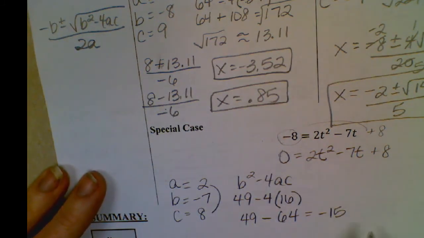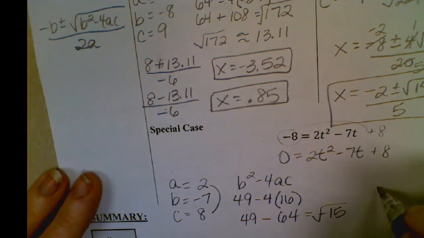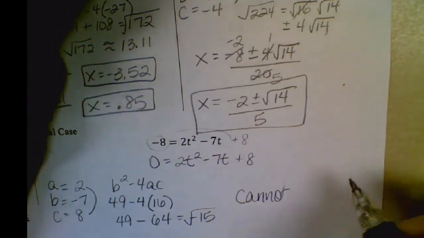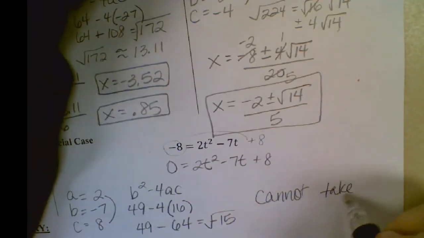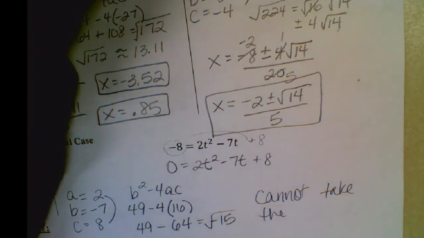Remember what we said. If I'm now going to try and put that underneath the radical sign, I cannot take, as of right now, in a couple years in Algebra 2 you'll be able to, the square root of a negative number.